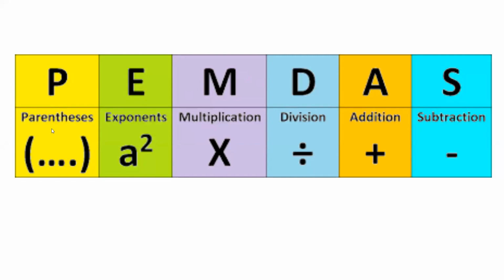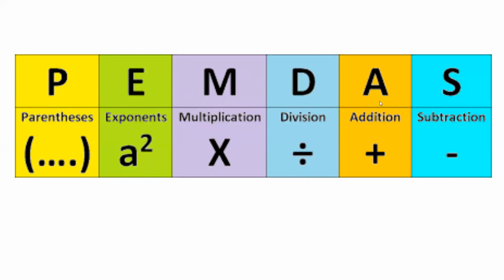We're going to do that first when they're in an expression to evaluate. We will follow that by doing the exponents. Then multiplication or division. Those are sort of tied. We do those next, and we will do them from left to right as they appear in the problem.